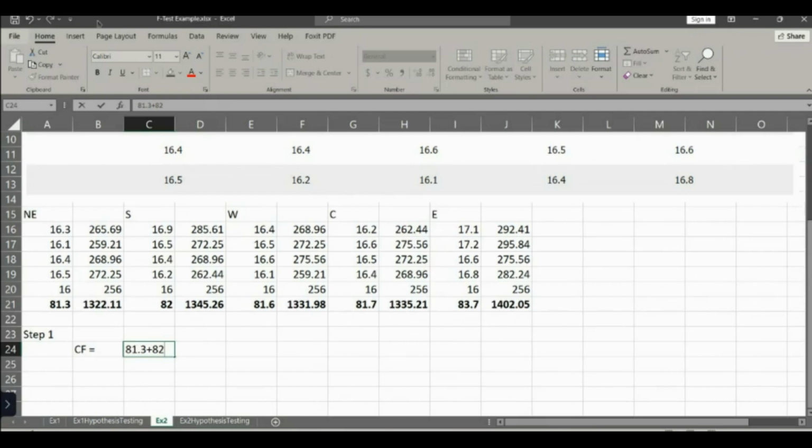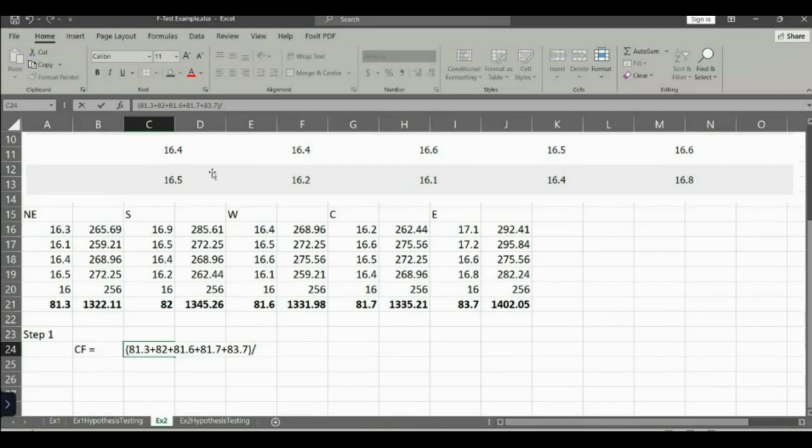I need to enclose this with parentheses. 82 plus 80, 81.6 plus 81.7 plus 83.7, divided by how many teenagers were involved, guys? 5 each region.